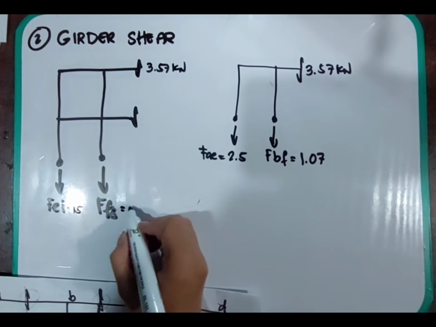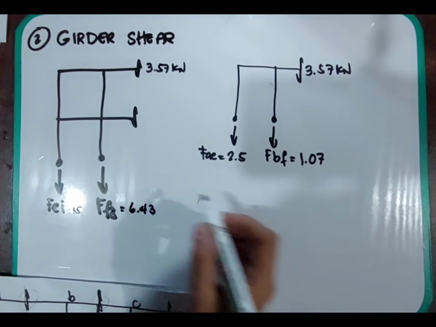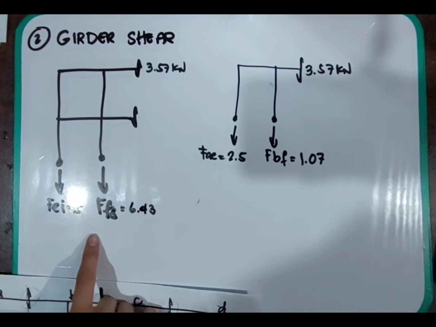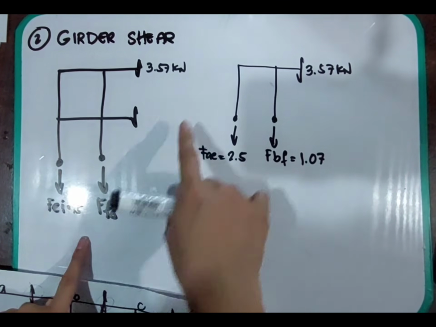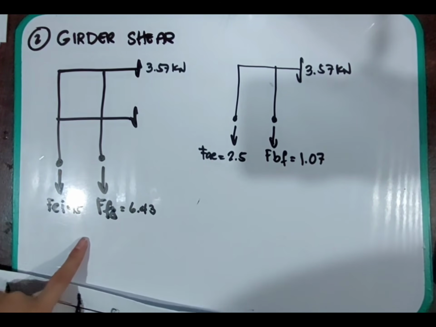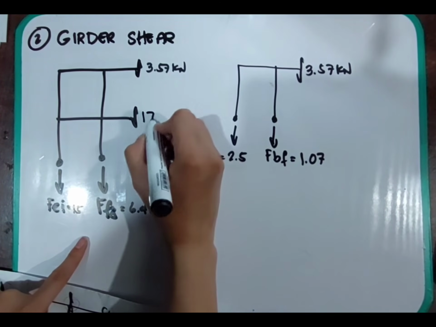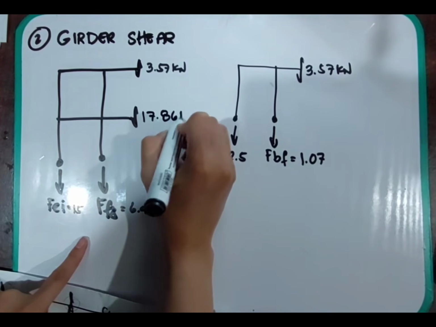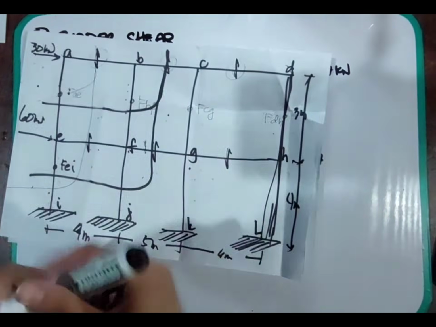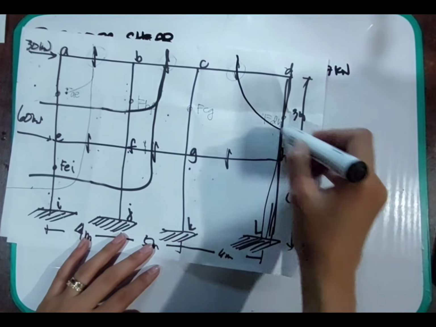Dito naman, sa FFJ natin is 6.43. Ang gagawin nyo lang, i-add. So, we have 15 plus 6.43. So, this is equivalent to 21.43. Ima-minus lang natin sa 3.57, 21.43 minus 3.57. So, we have 17.86 kilonewton.